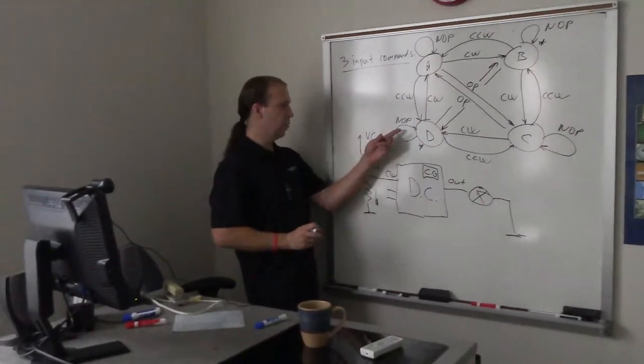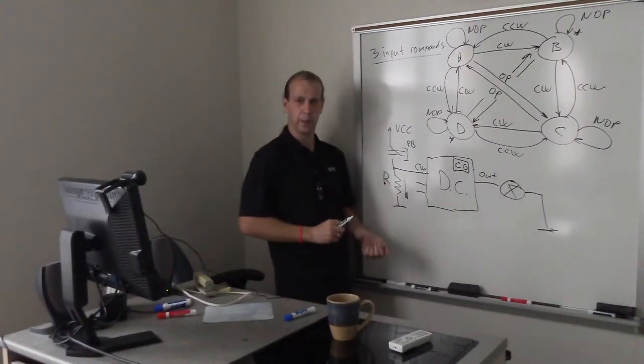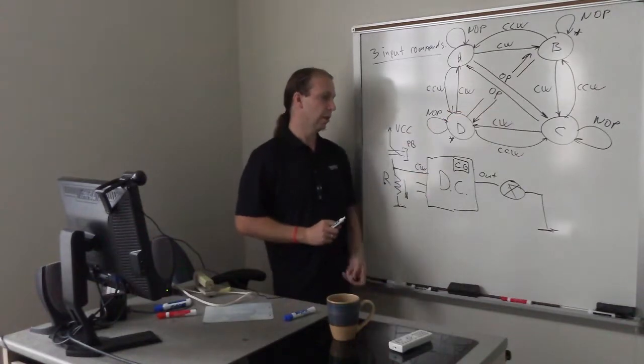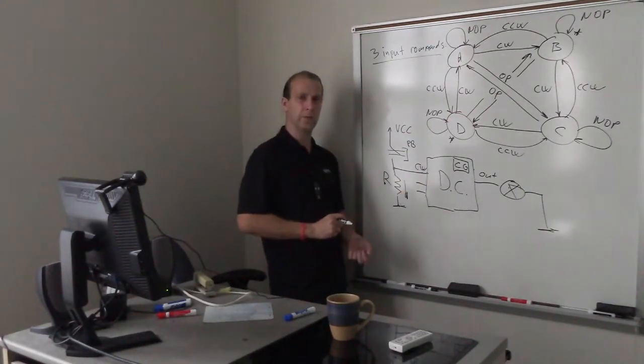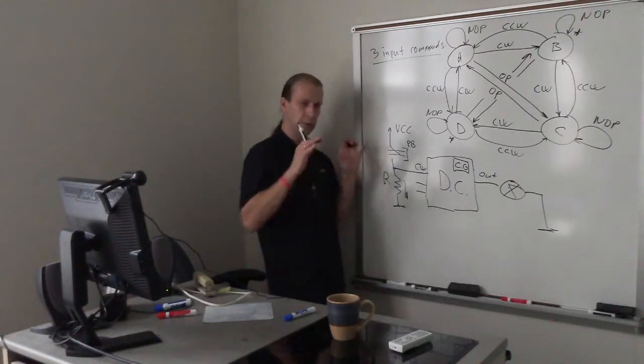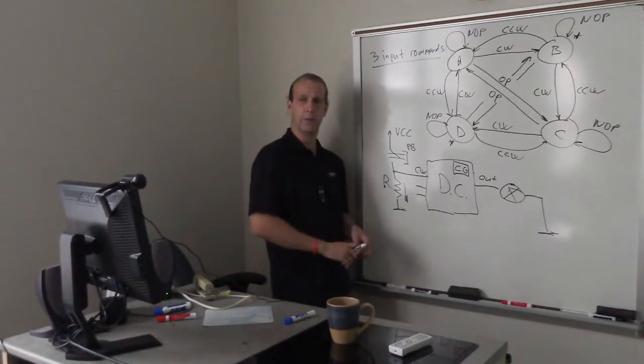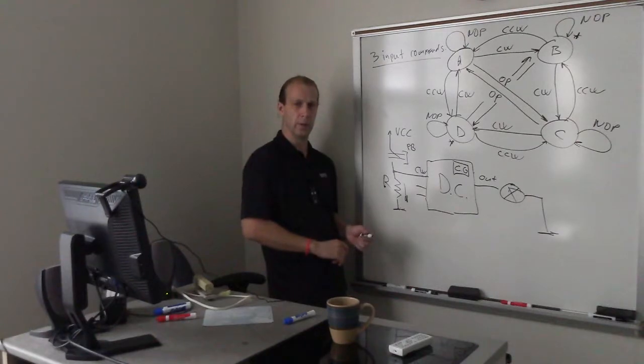So in other words, null is a special command which we can give to the finite state machine, and we can give it in various ways. One of them is pressing multiple push buttons at the same time.